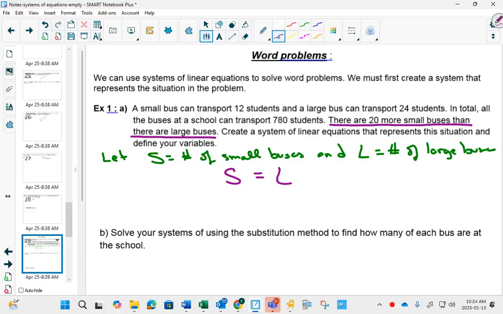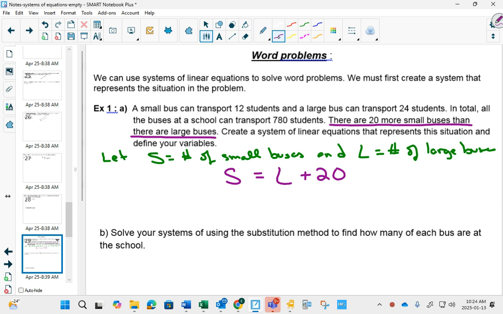If there are 20 more small buses, would you agree that this S number is bigger than this L number? Because there's 20 more of these. So if I wanted to make these equations the same, I would have to add 20 to this side to make them the same.